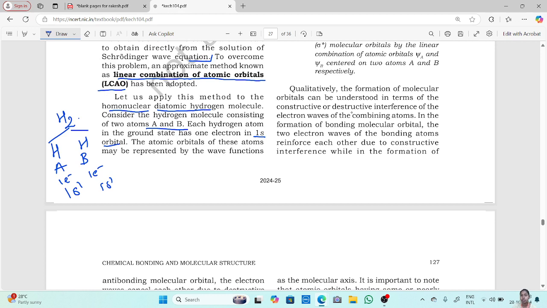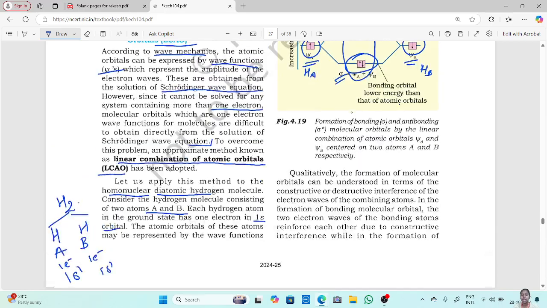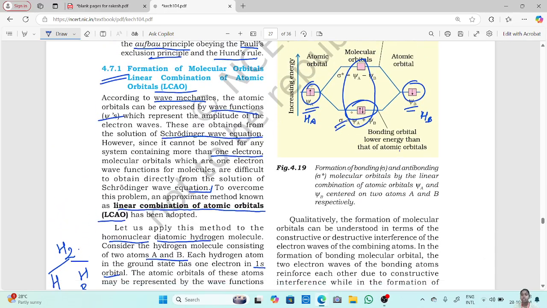Qualitatively, the formation of molecular orbitals can be understood in terms of constructive or destructive interference of the electron waves of the combining atoms. In short, the formation of molecular orbitals is understood by constructive and destructive interference. Which is the constructive? Bonding is constructive and anti-bonding is destructive, because in bonding you are pairing up both the electrons and constructing a bond.